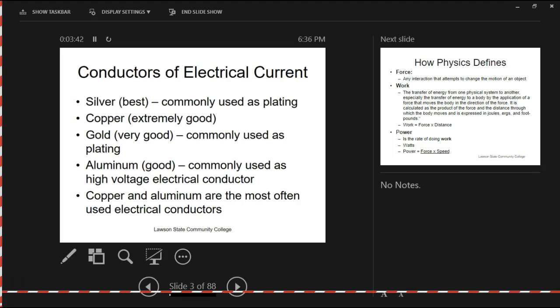Aluminum is a good conductor. It's not as good as copper. We commonly use it for high voltage electrical conductors, and we'll look at why. Copper and aluminum are the most often used conductors in electricity. We usually use aluminum on these high tension, high voltage lines. The closer we get down to us, we'll start moving to copper.